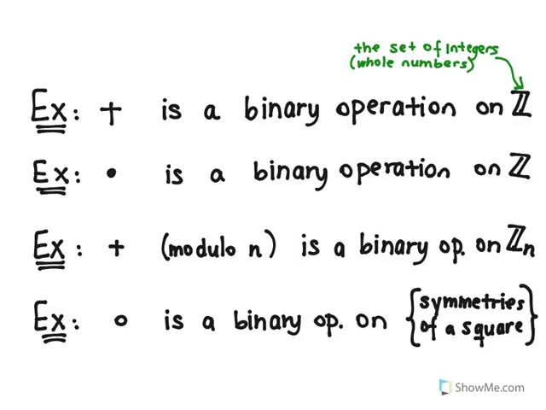And one last example to tie this back to the things we saw last week is that composition is a binary operation on the set of all symmetries of a square, because we can take two symmetries of the square and compose them to produce a new symmetry of the square.